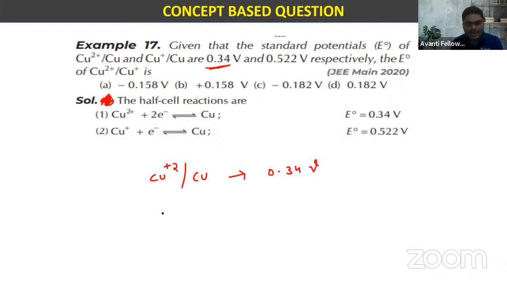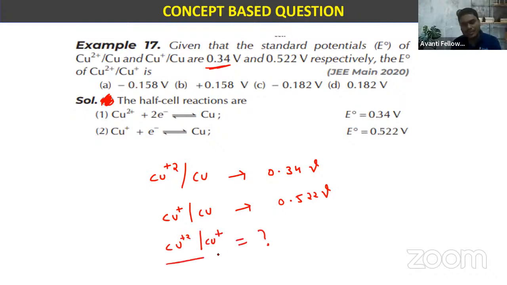Similarly, Cu+ to Cu is also a standard reduction potential, given as 0.522 volt. But in this question they are asking how you will calculate Cu2+ to Cu+. What is the change in the reduction potential value?